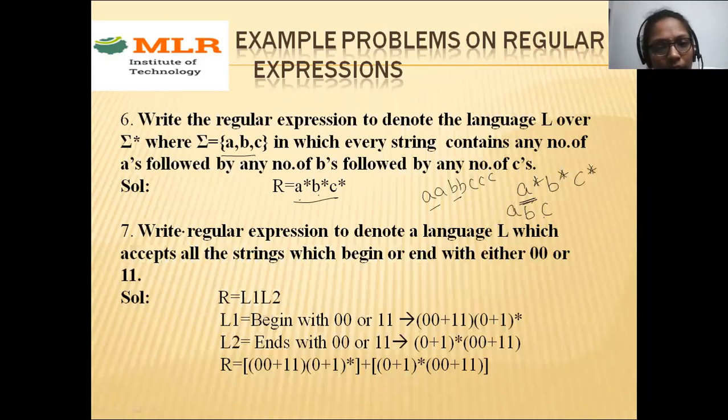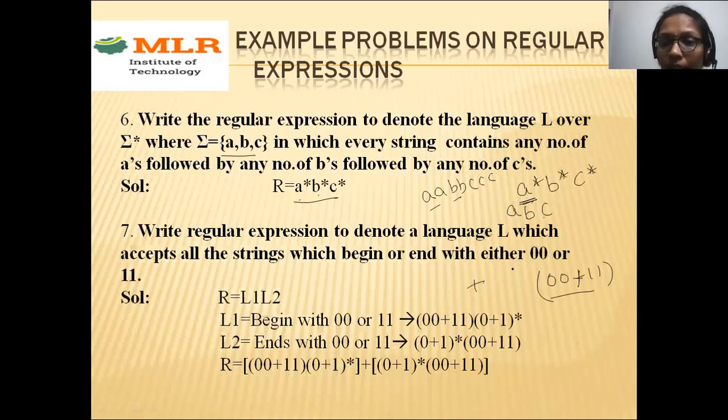And the next one is: write a regular expression to denote a language L which accepts all the strings which begin or end with either 00 or 11. That means either 00 or 11, right? It can start with this one or end with this one, which means again you need to use plus.